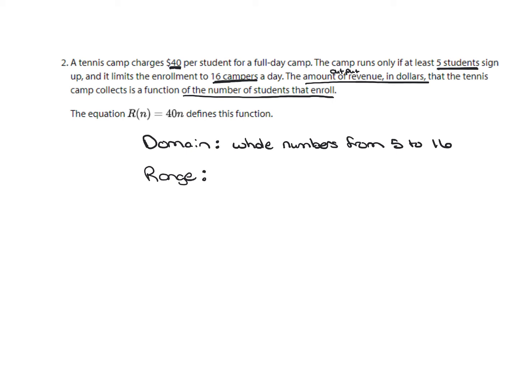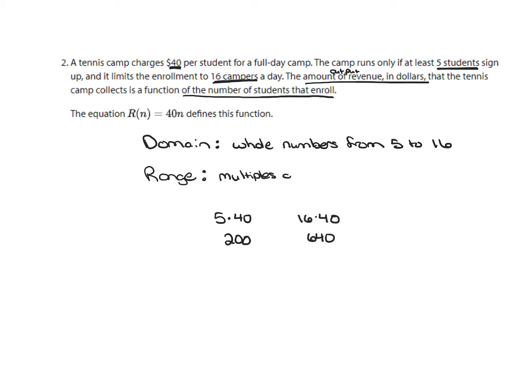So if there was 5 students there, the camp would make $200. And if they had the maximum of 16 students there, the camp would make $640.